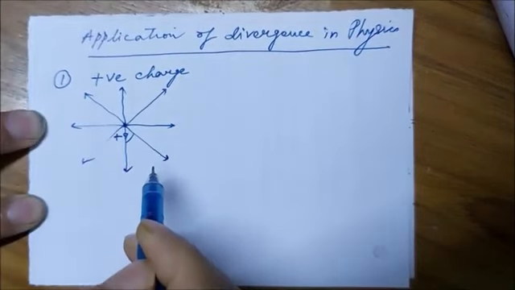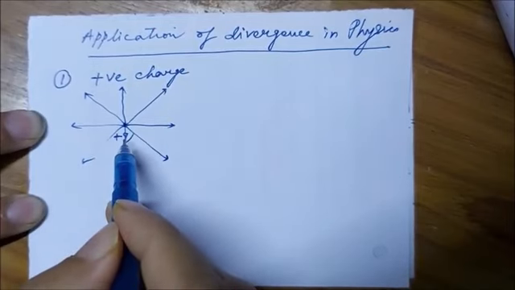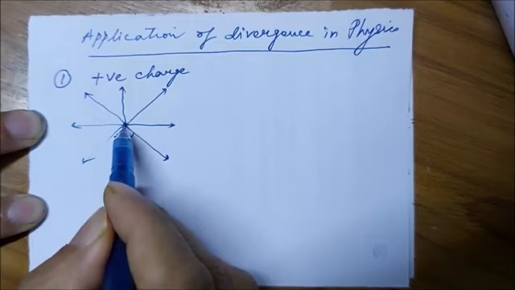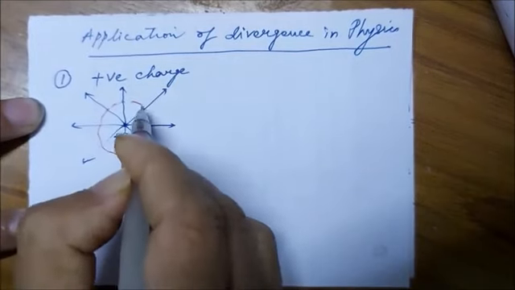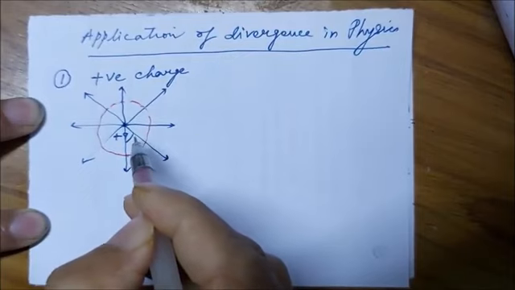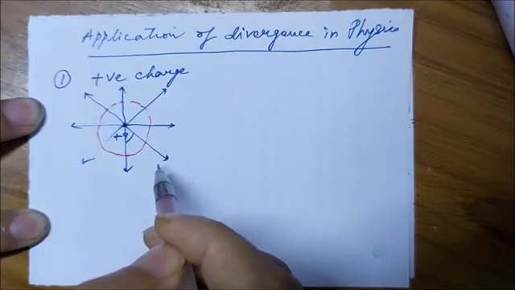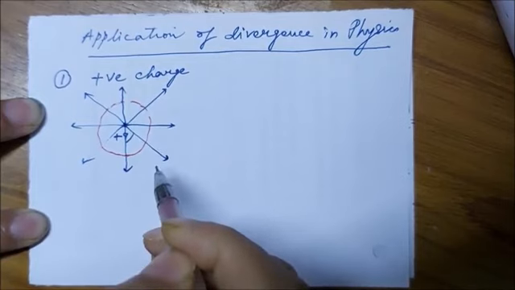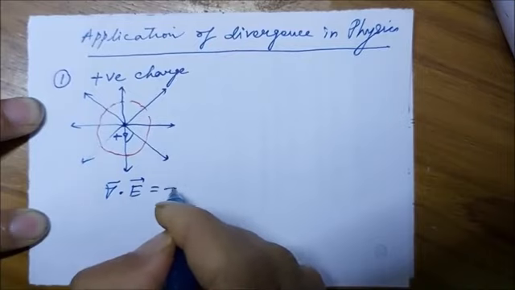It is clear from the lines of electrostatic field due to this positive charge that this is a source of electrostatic field, because if we enclose it by a surface, lines of force only move out across the surface. So there is a divergence of field lines, there is a net outward flux, and divergence E is positive.